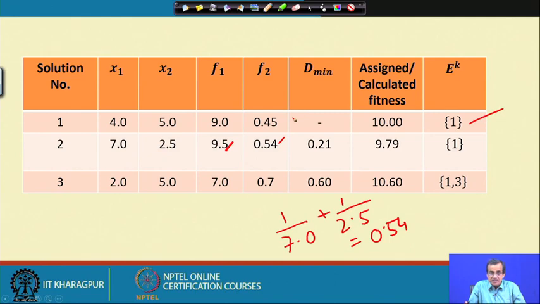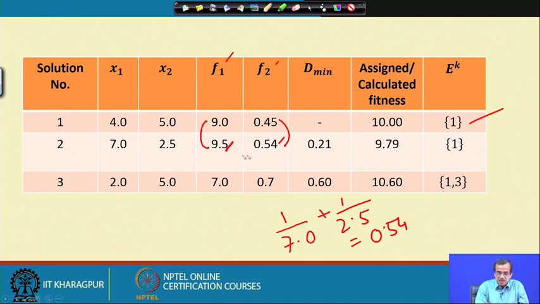Now, our aim is to minimize both f 1 and f 2. If I compare in terms of f 1, the elite, which is the non-dominated solution, is having 9.0, and the second solution is having 9.5. That means the second solution is a worse solution compared to the non-dominated solution, that is 1. Now, I compare the objective function value f 2: corresponding to the second solution it is 0.54, corresponding to the elite or the non-dominated it is 0.45.